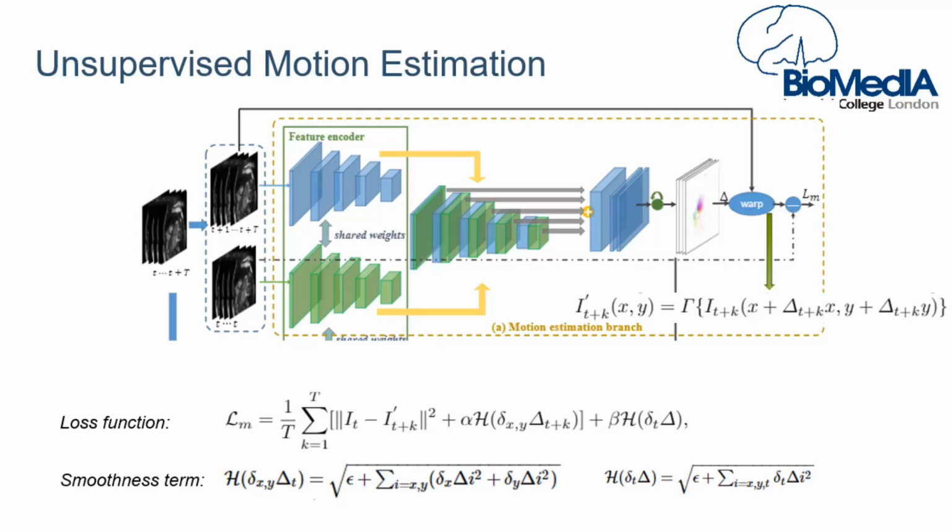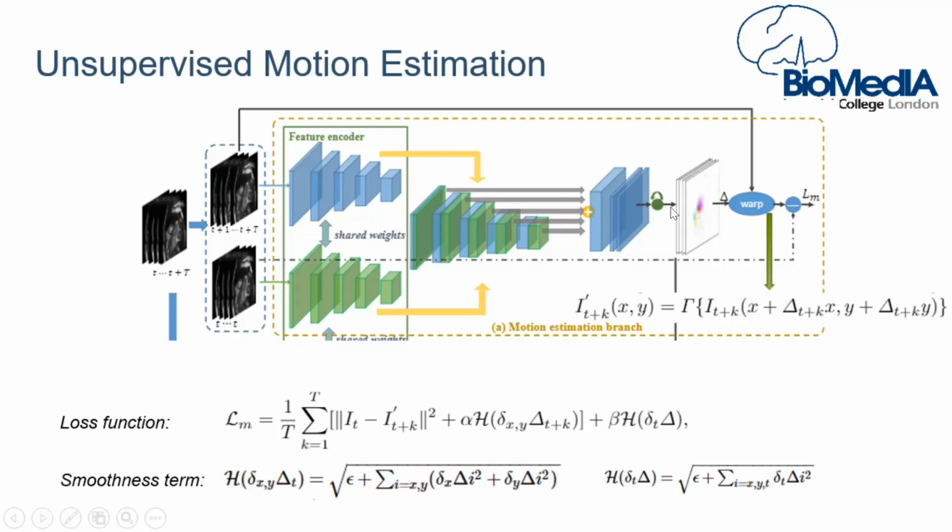The network consists of mainly four components. First is a feature encoder, a Siamese-style encoder that extracts features from both the source frames and the target frames, adapted from VGG16net. Then we have a multi-skip concatenation layer, motivated by multi-level registration methods, where we concatenate the features from multiple levels and upsample them to full resolution.